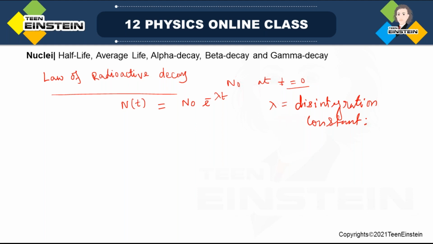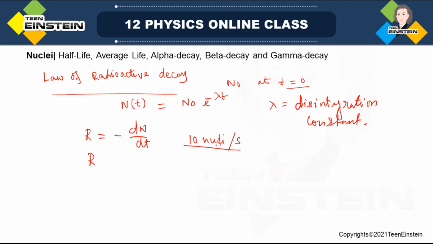Another form of the law of radioactive decay is given by the rate, R equal to dN by dt. Suppose a nuclear substance was decaying some 10 nuclei per second.